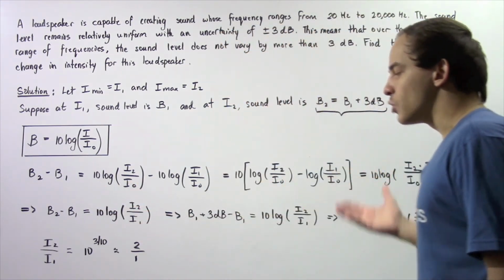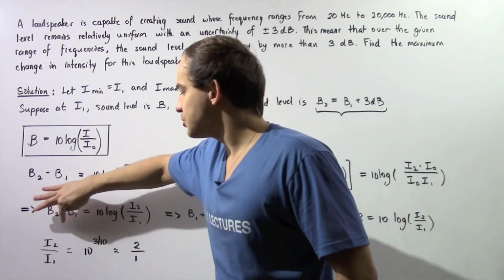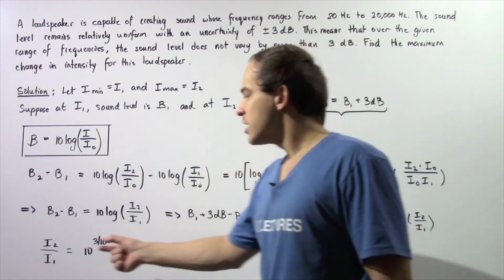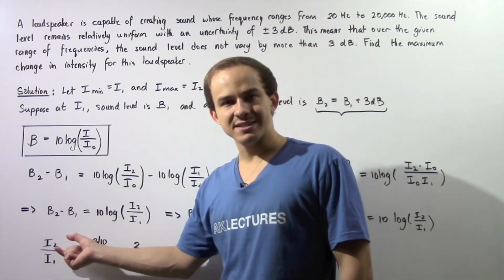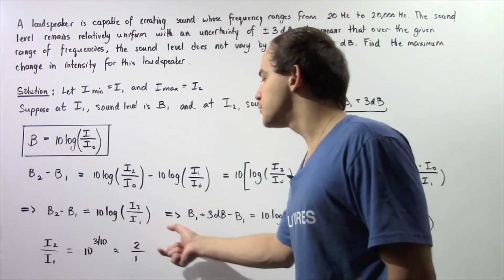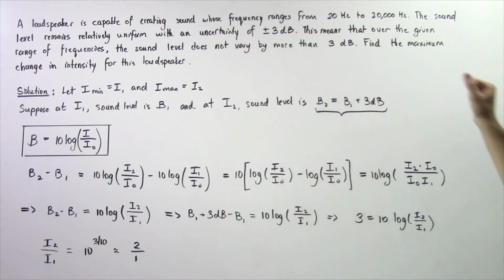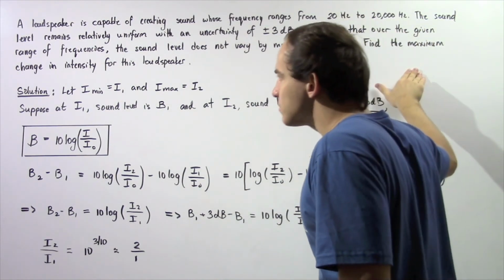So let's say it's approximately 2. So that means the ratio of I2 to I1 is 2 to 1. In other words, the minimum intensity differs from the maximum intensity by a factor of 2. And that's exactly what we were looking for. We wanted to find the maximum change in intensity for our loudspeaker.